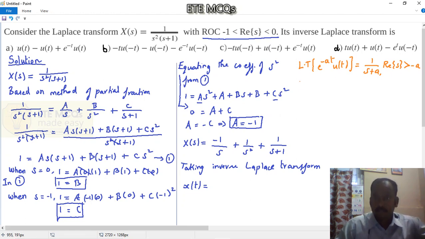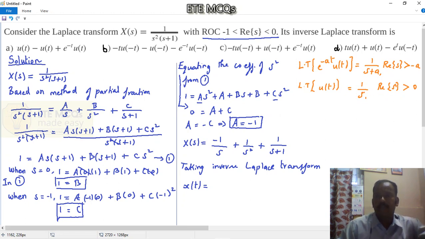Similarly, for the other Laplace transform, these are some basic formulas which we have seen already. The Laplace transform of u of t is nothing but 1 by S, and the respective ROC is real part of S greater than 0 because the pole is at S equal to 0.